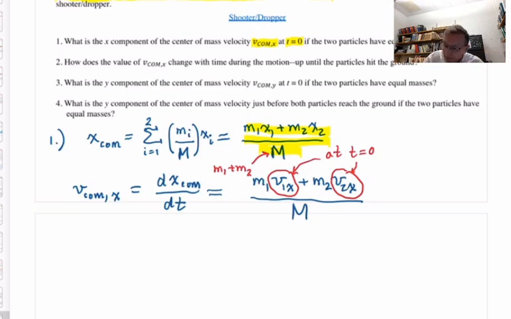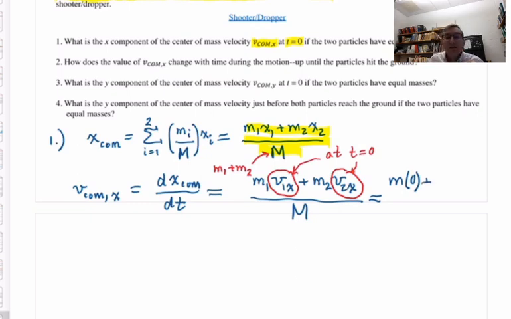All right, so here we go. For VCOM x at time 0, m times, okay, what is v1x at time 0? Particle 1, its x velocity at time 0. Particle 1, remember, is the dropped one. It's dropped, so it has no x velocity, correct? So v1x at this moment is 0. So you put a 0 there.